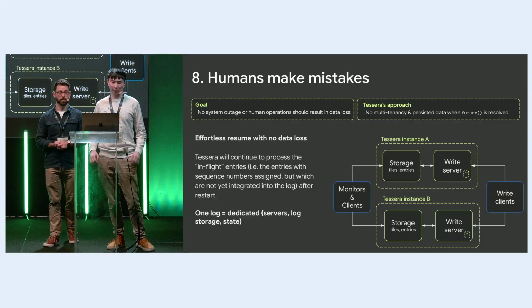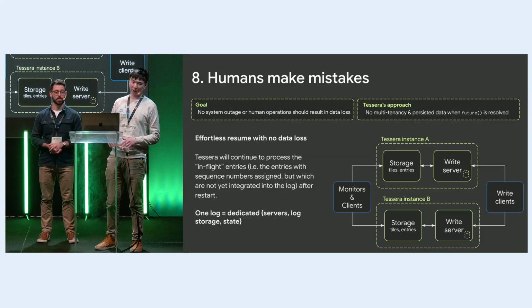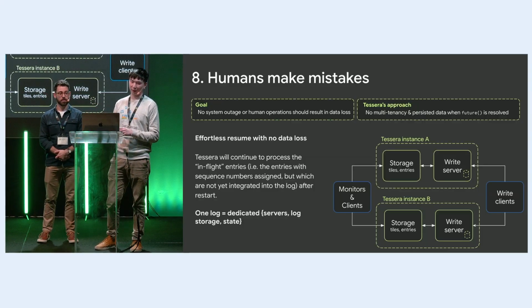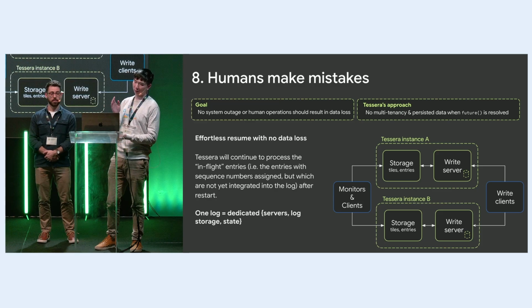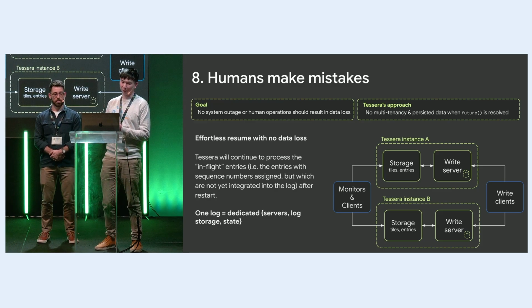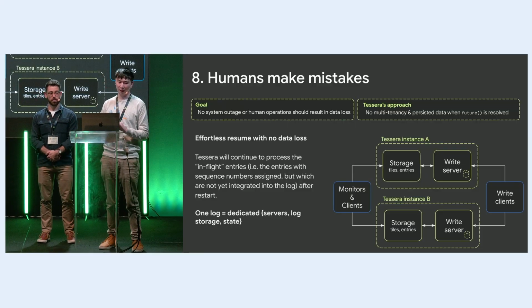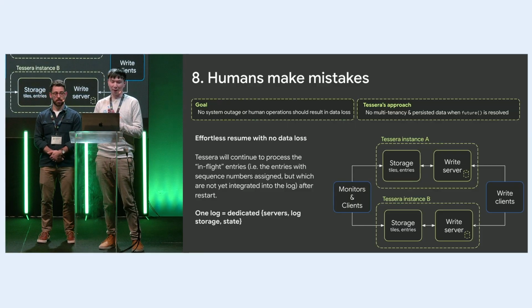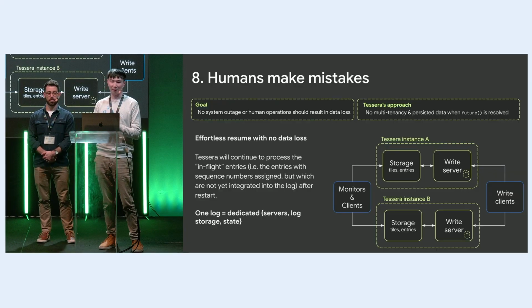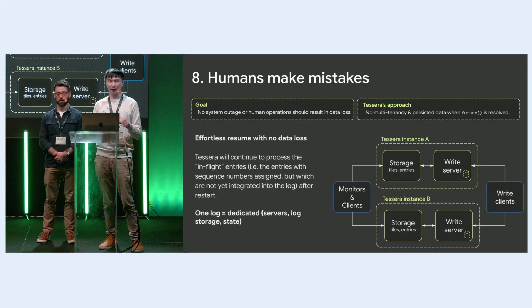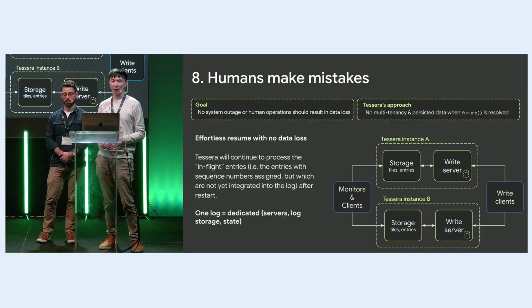Humans can make mistakes, and a system outage could also result in data loss. So Tessera's approach is to persist data when the future is resolved, and there is no multi-tenancy. Tessera will continue to process the in-flight entries, like the entries with a sequence number assigned but not yet integrated into the log.